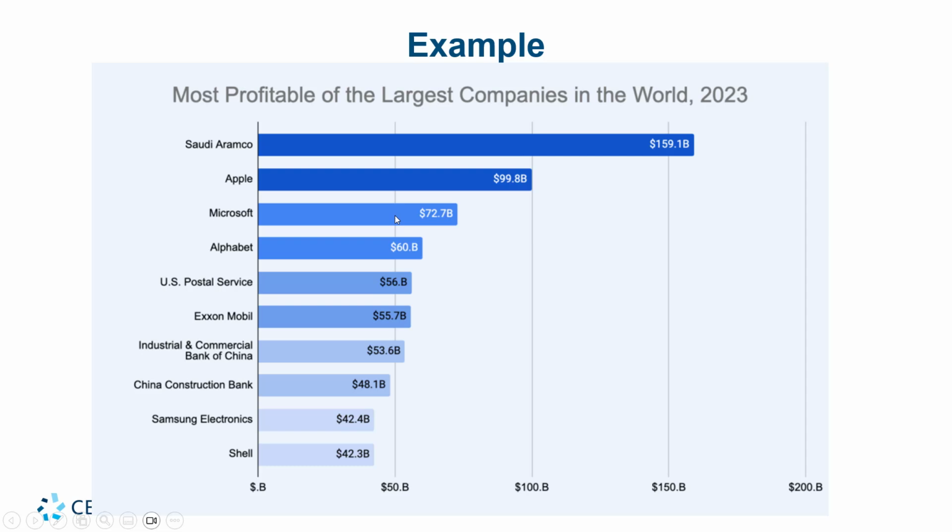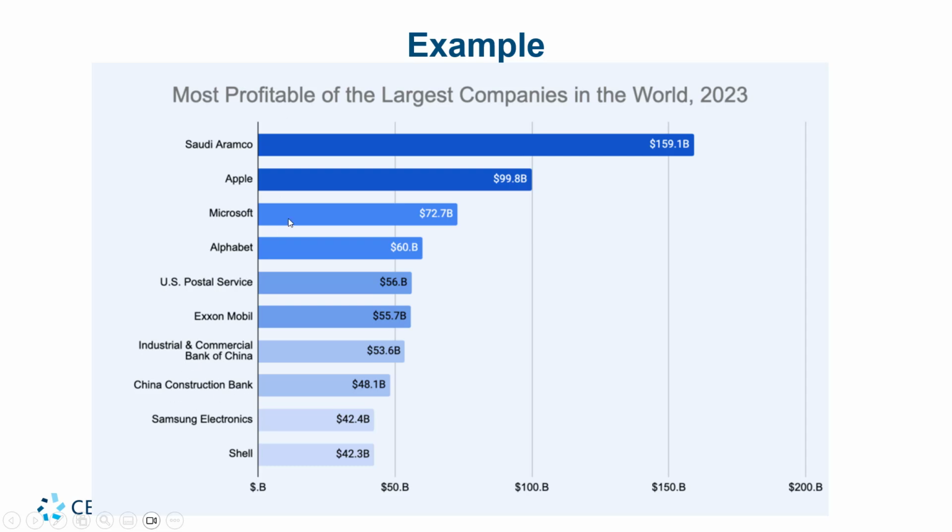So just to relate it to this, I got some interesting statistics for you about profitability. Start off with the most profitable companies in the world. Most profitable is the Saudi oil company selling the oil. Then we have three tech companies, the big three American tech, Apple, Microsoft, Alphabet. USPS, that's a monopoly, and then various financial services companies in China.